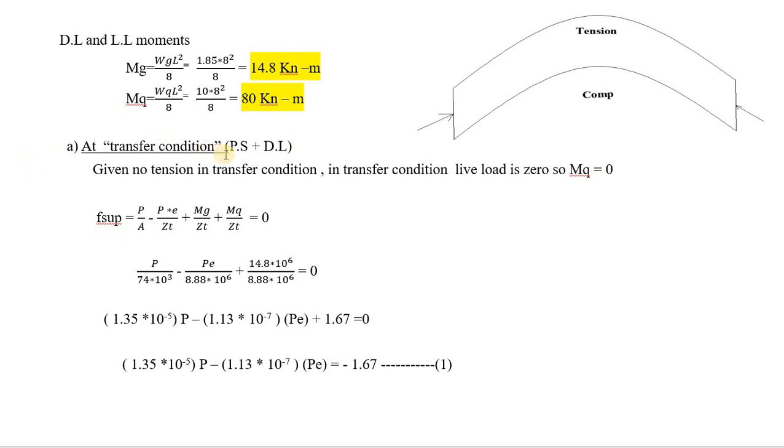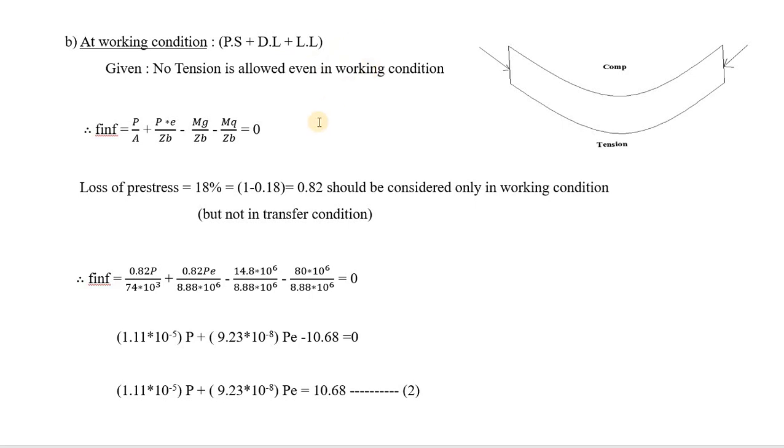When live load is not there, there won't be any losses of pre-stress, so that 18% is not considered while calculating. But here live load is present. When live load is present, loss of pre-stress is there, that is 18%.